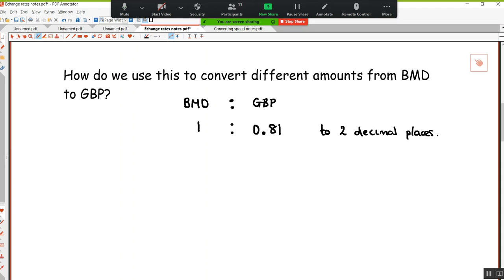Now, guys, you've got all these skills now. So if I said to you, I want to change my Bermudian dollars into pounds, let's say I've got 125 Bermudian dollars. How many British pounds would I get for that?